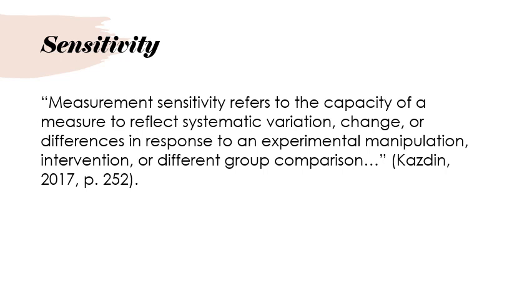So if you're going to put this into your own words, what would you say? If you said something like measurement sensitivity allows for some sort of range of responses that reflect changes or differences from participants, that would be one way to answer that question.